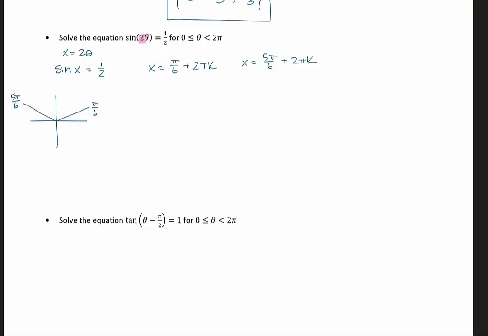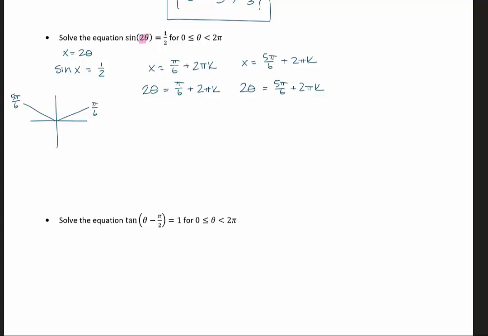Now our general form needs to have theta equals, and so we had x being 2 theta. So if I include 2 theta and substitute that in, I get 2 theta equals pi over 6 plus 2 pi k, and 2 theta equals 5 pi over 6 plus 2 pi k.